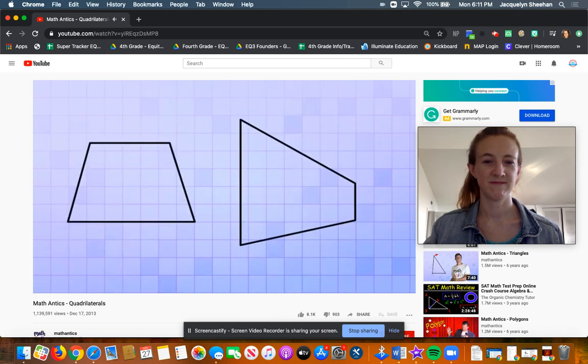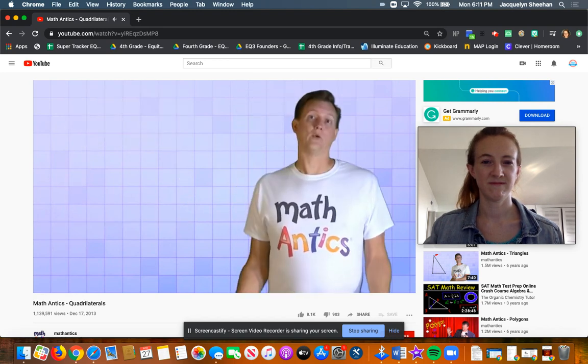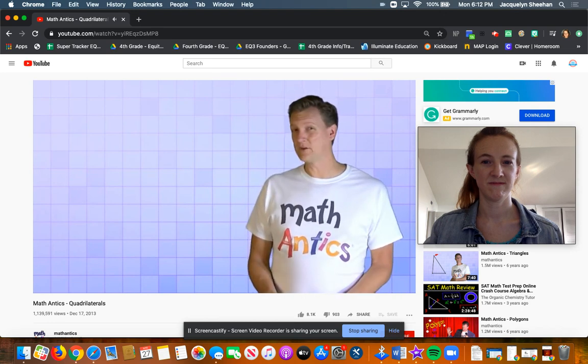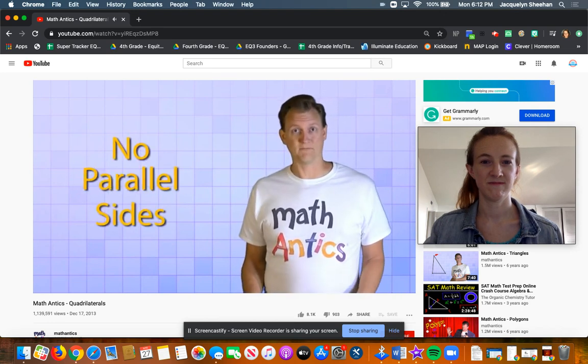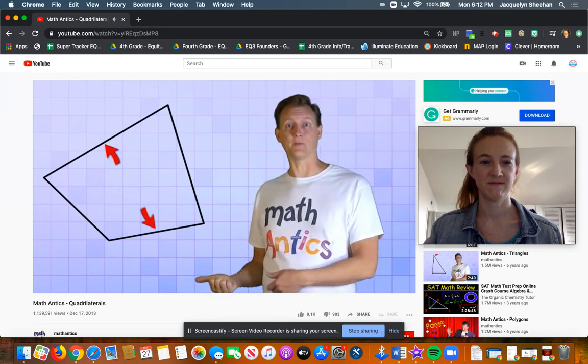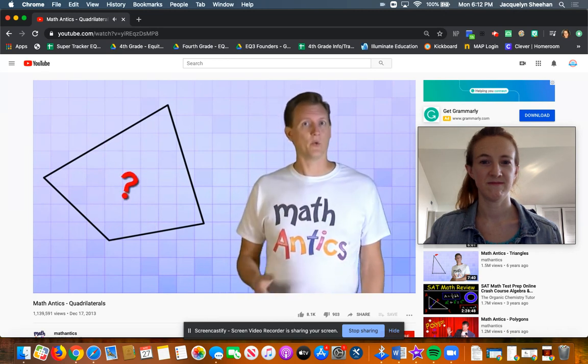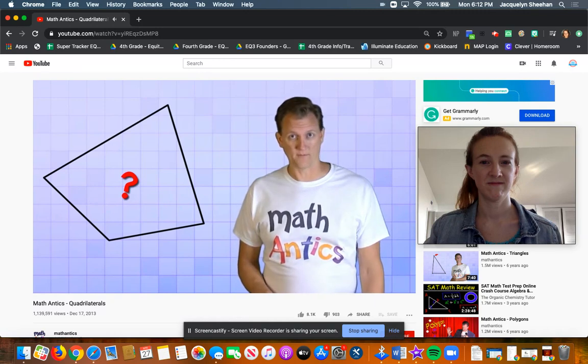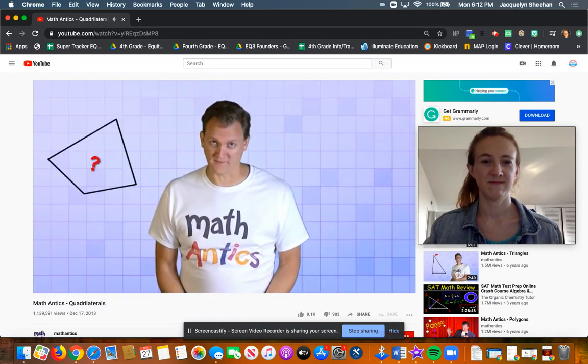Here are a couple more examples of quadrilaterals that have only one set of parallel sides. All right then, what about quadrilaterals that have no parallel sides at all, like this one? These opposite sides are not parallel, and these opposite sides aren't parallel either. So what do we call this kind of polygon? Now here's the really confusing part.